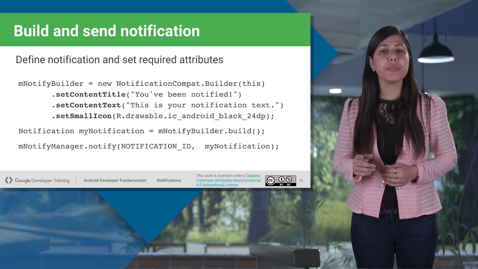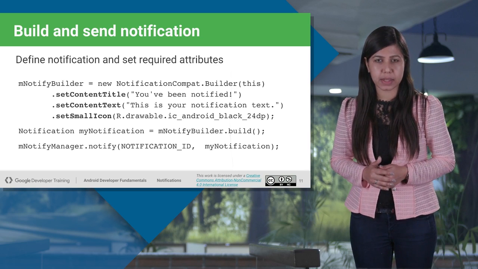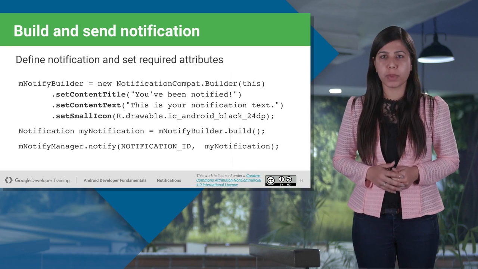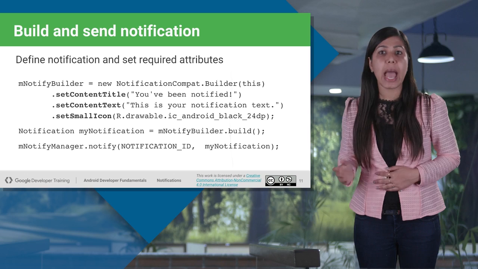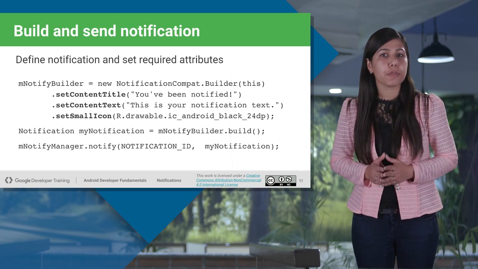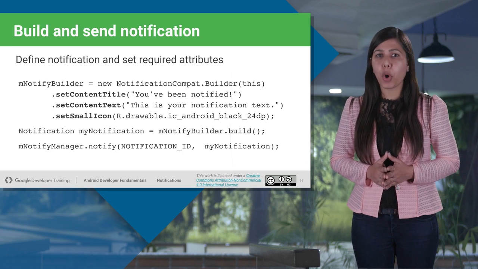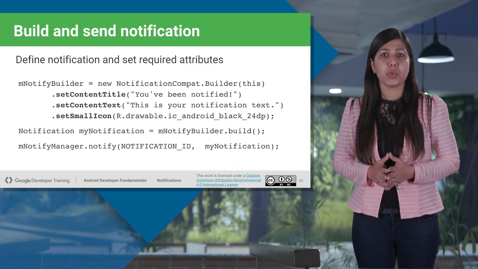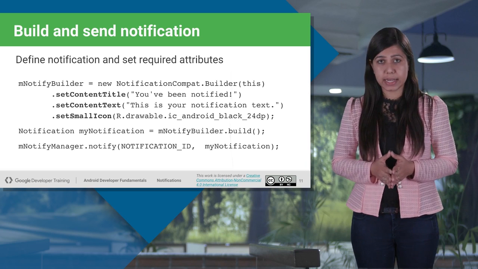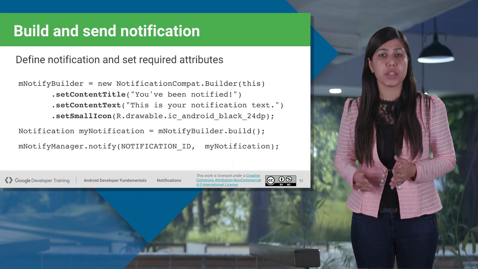Third, with the NotificationManager's notify method, make the icon visible on the notification bar. It can have an integer ID, which should be unique for each of your notifications. It's important that you uniquely identify your notifications because when we create a notification, its identity is scoped with any application that shows it.